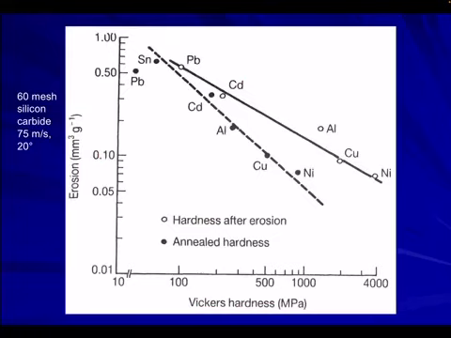Then if we look at hardness, so erosion as a result of hardness, we see that as the hardness increases, there's of course a decrease in the erosion of your material. Also look at the annealed hardness.